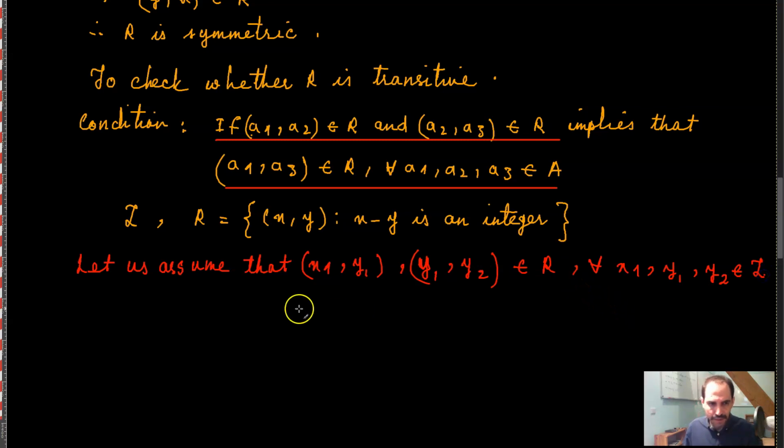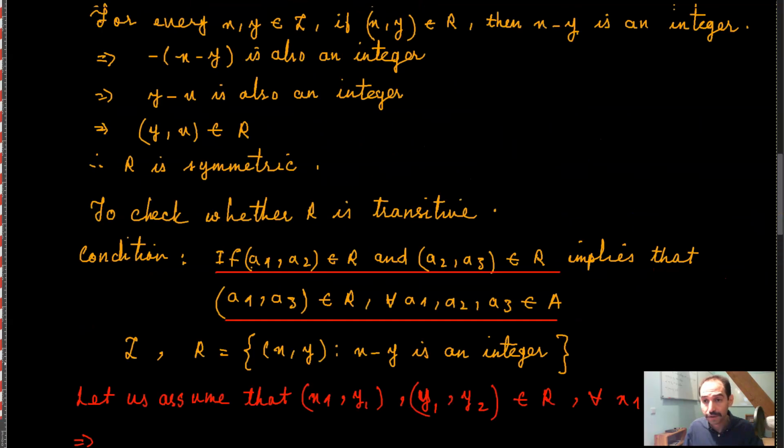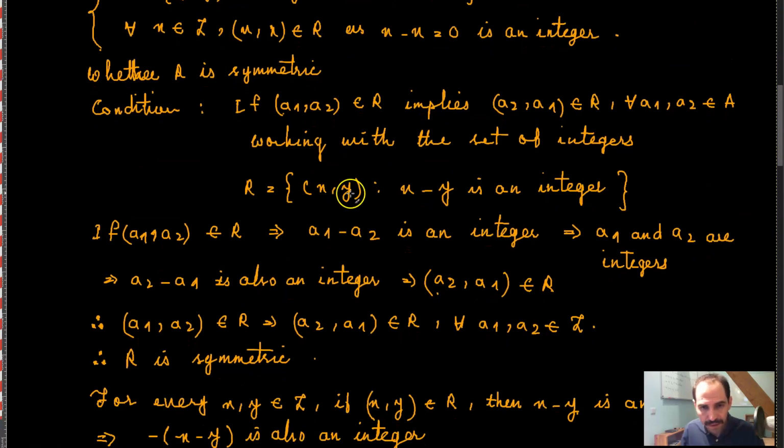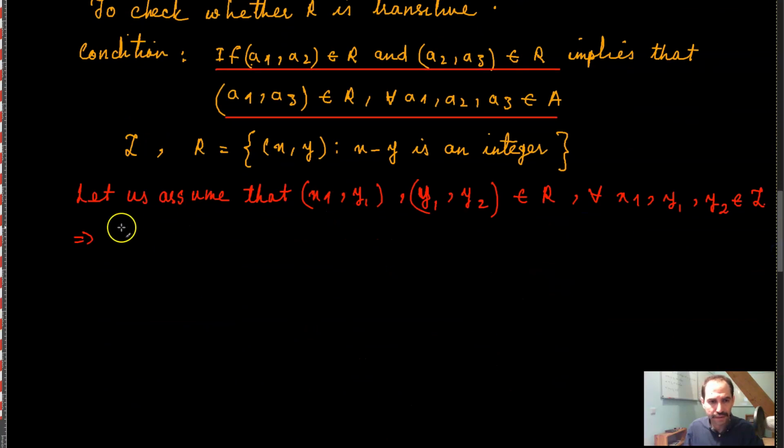That implies that, since these two belong to R, based on the condition that if x comma y belongs to R, then x minus y is an integer, x1 minus y1 and y1 minus y2 are integers.